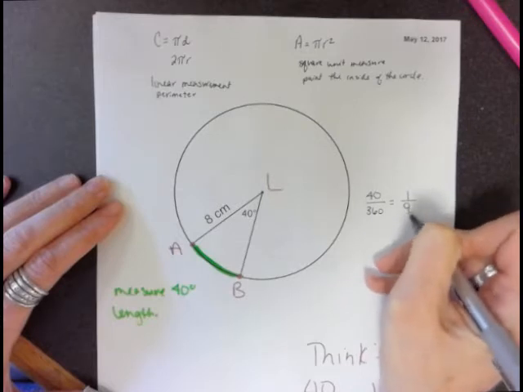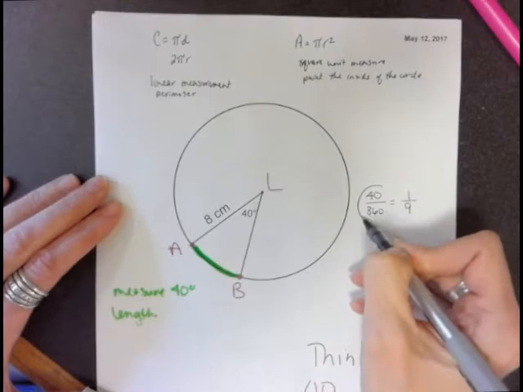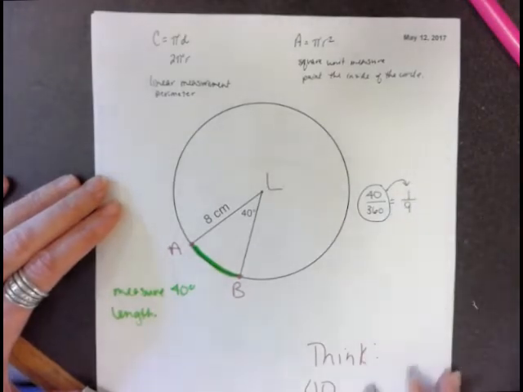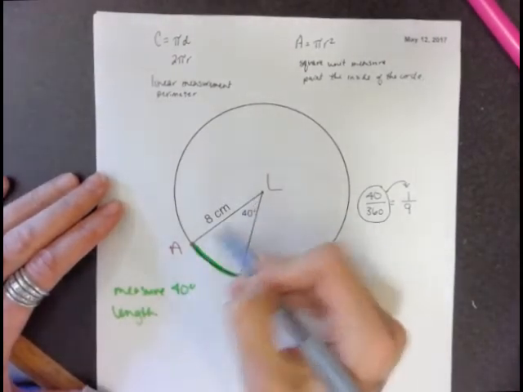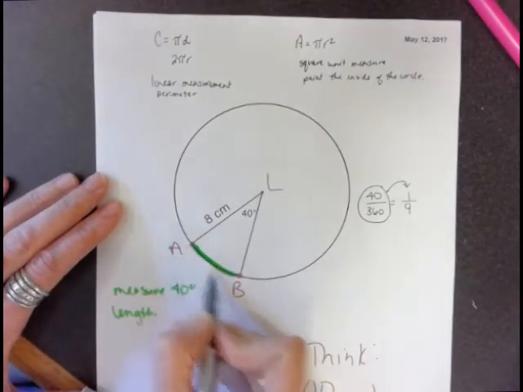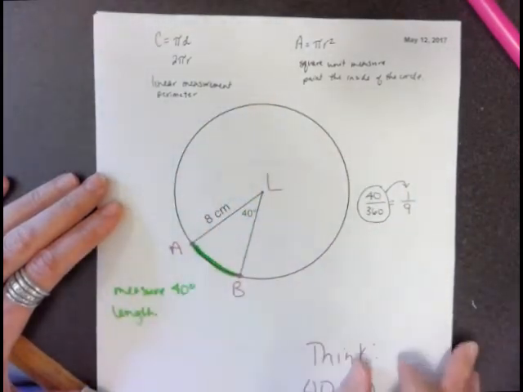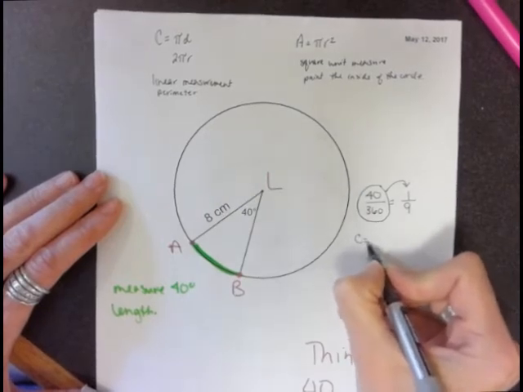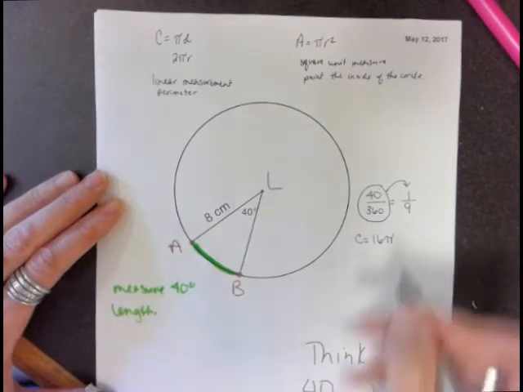So remember, when we see this 40 degrees, we want to make it into a fraction, and if I can reduce that fraction, I'm going to reduce it. So if I can find the circumference of this circle with my 8 centimeters, I can find the length of this arc by taking 1/9 of the entire circumference. So again, that's what we did in class. So the circumference of this circle is 16 pi. Okay, that's the whole circle.